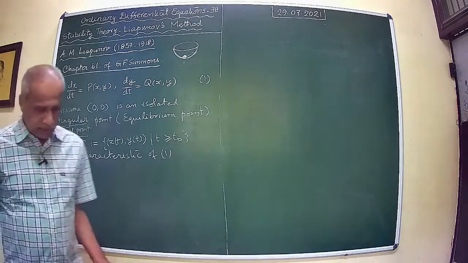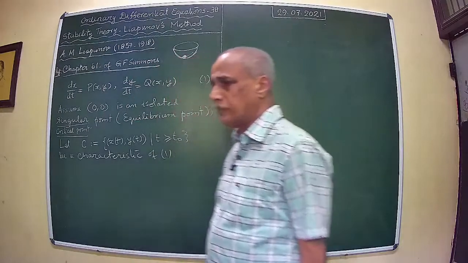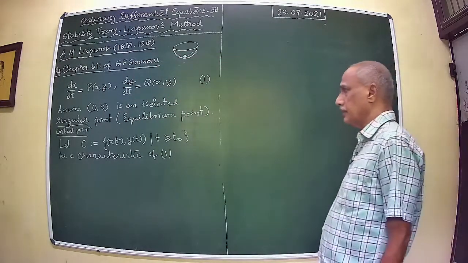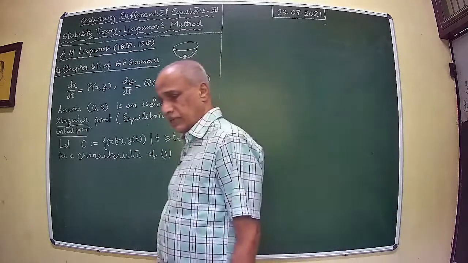And this is a representation for the particular characteristic. Now this is an autonomous system that we are looking at.